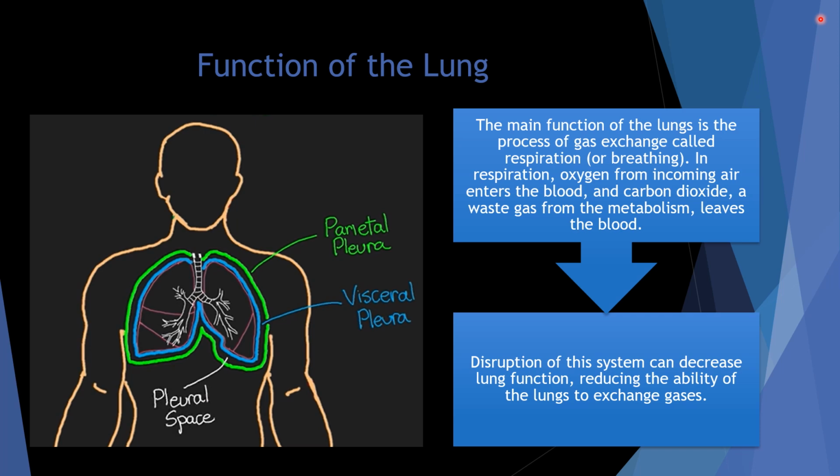But in the pleural space, the pressure is actually about 756 millimeters of mercury. And what that does is give us that negative 4 pressure in that pleural space. So when we say a disruption of the negative pleural space, that's what we're talking about, that negative 4 millimeters of mercury.